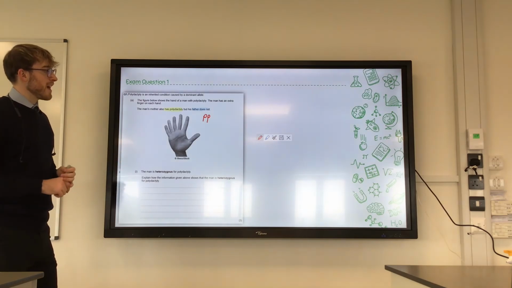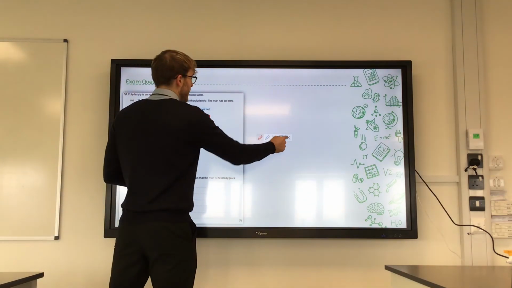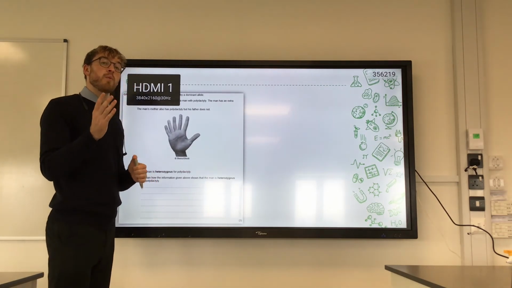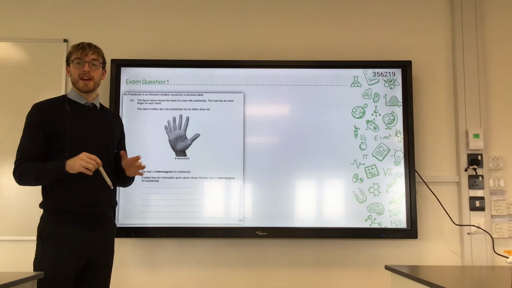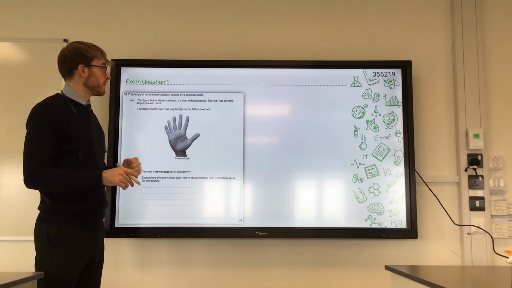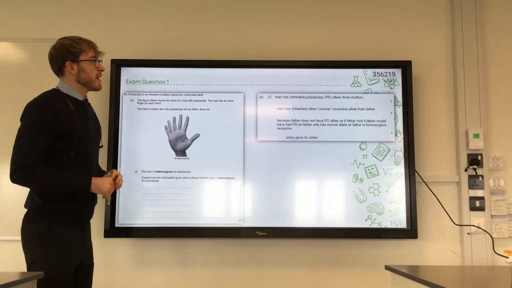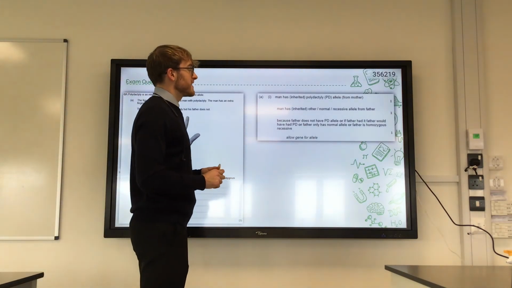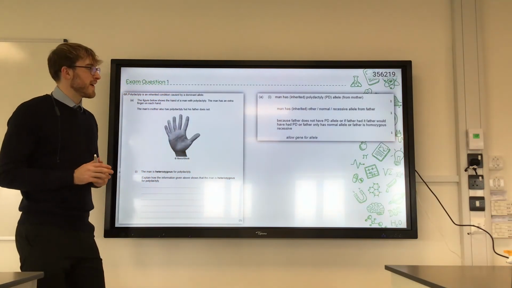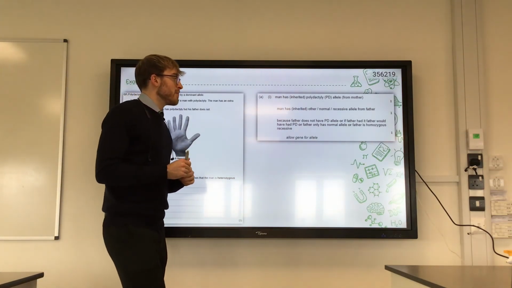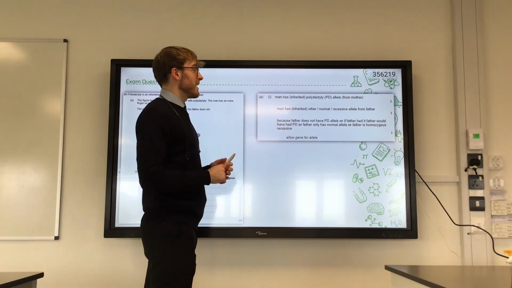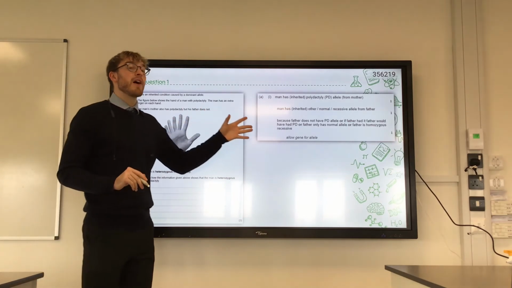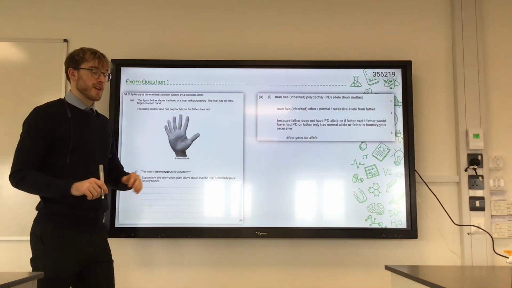The dominant allele comes from the mother, and the recessive allele comes from the father, because there's only one possible allele that he can get from his father, which would be a recessive allele. So the man has inherited polydactyly from the mother, and he's inherited the normal or the recessive allele from his father. Because the father does not have polydactyly, the father must be homozygous recessive. That's the key part there, noticing that the father must be homozygous recessive.